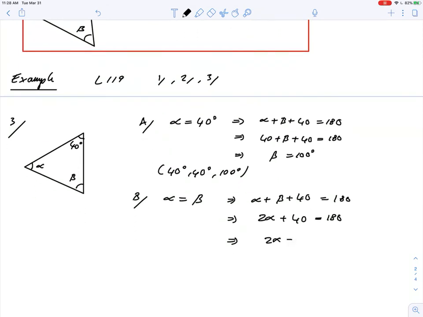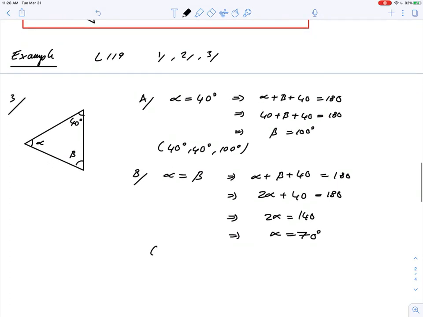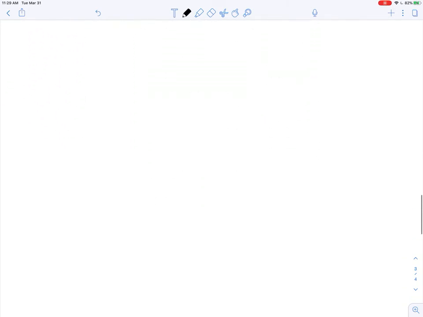Going through this, 2 alpha would equal 140, and finally alpha would be equal to 70 degrees. So in this case, the other option would be 40 degrees, 70 degrees, 70 degrees. So there are two potentials here. Okay, so let's now look at a special case of this, right? So again, definition.